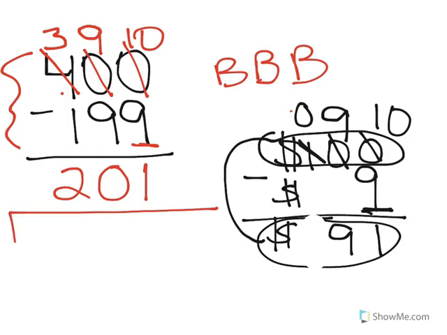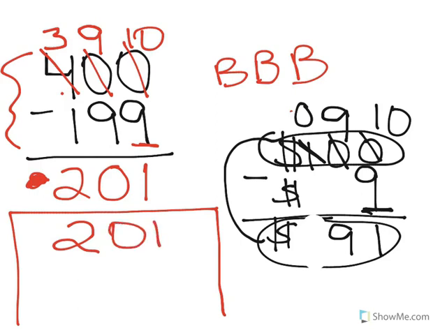Now, one more thing I want to show you before I end this video. I'm going to use this red little box down here to show you how to check to make sure your answer is correct. We know that the opposite of subtraction is addition. So all you have to do is take the answer that you get when you subtract and add it to the number we subtracted.